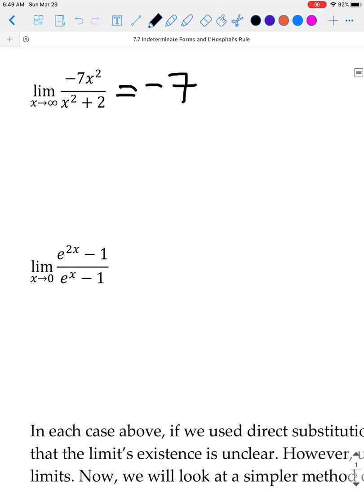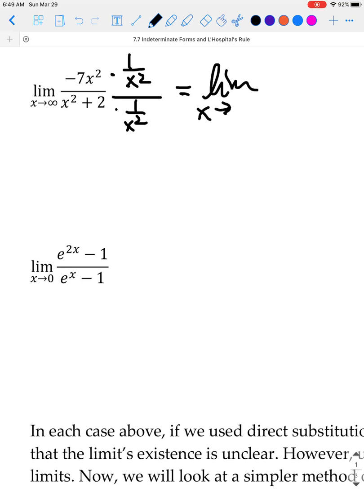If we wanted to be a little bit fancier, we could multiply the numerator and denominator by the reciprocal of the highest degree, and we would get the limit as x goes to infinity of -7 over 1 plus 2 over x squared.